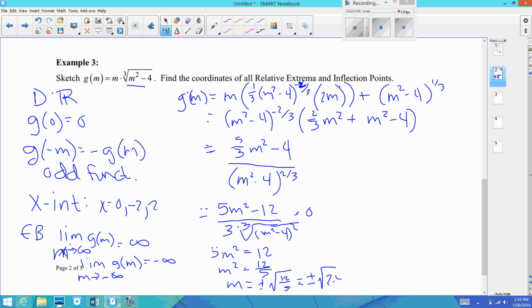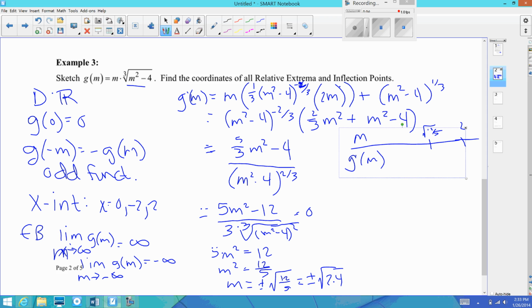That would be plus or minus the square root of 2.4. All right, so that's going to be just over 1. So now if we make a little chart here, m, g prime of m, and then critical values here, square root of 12/5. And we also have 2.